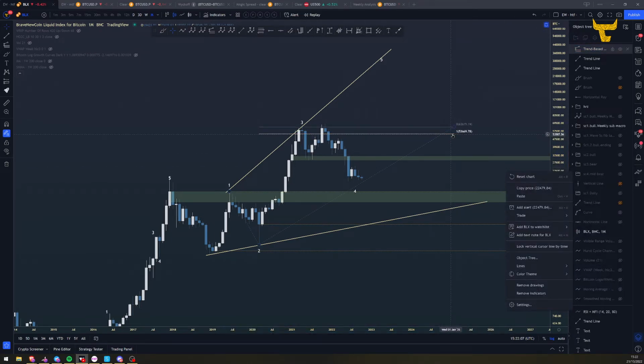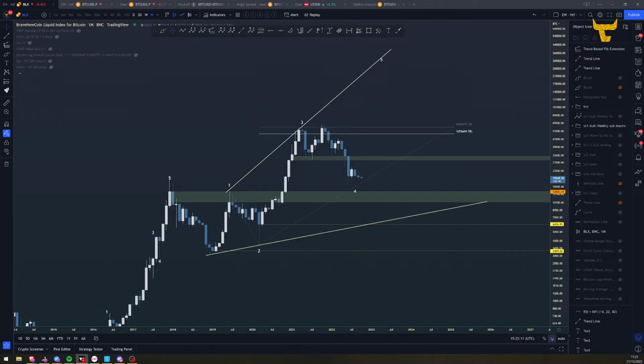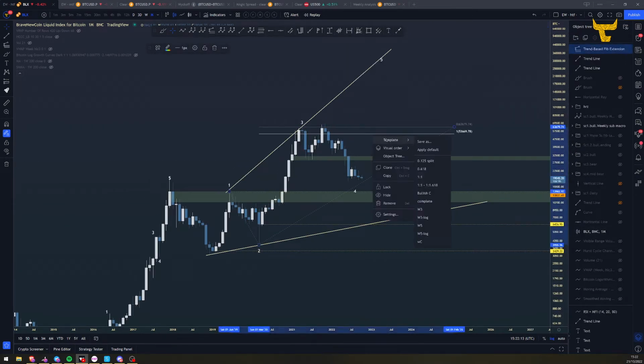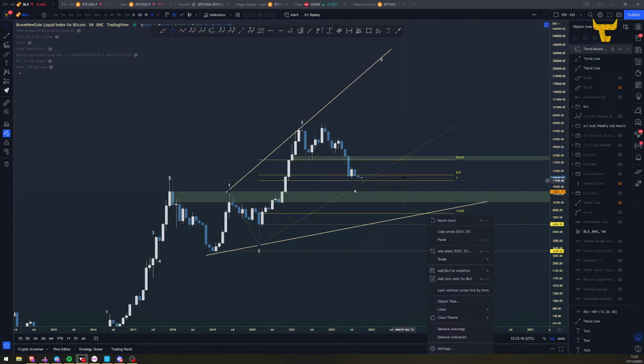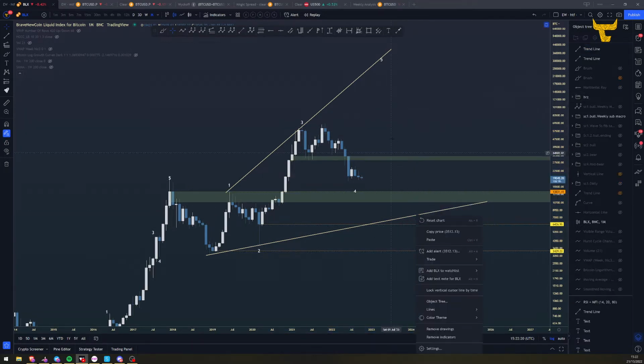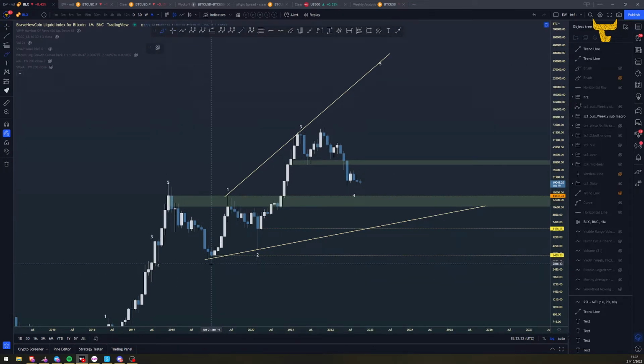What? Yeah, obviously, because here I'm looking at a log scale. It doesn't make sense. So why not?